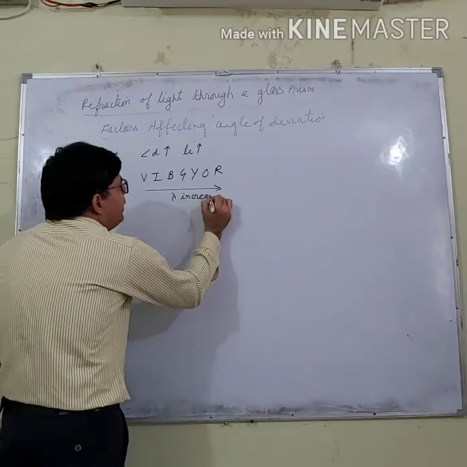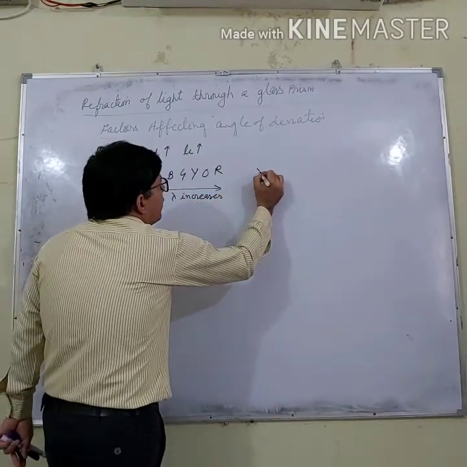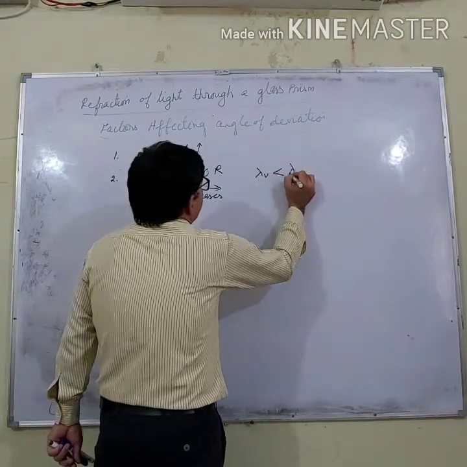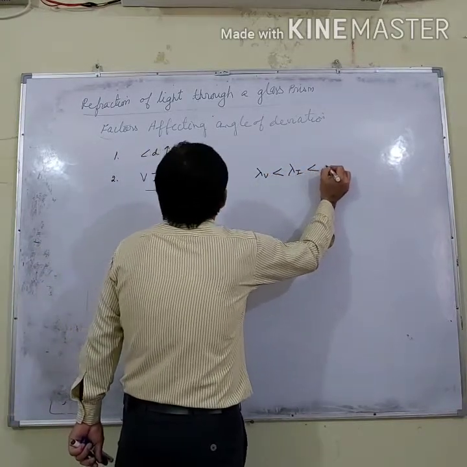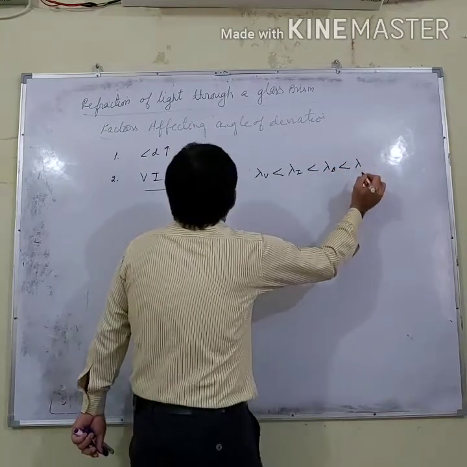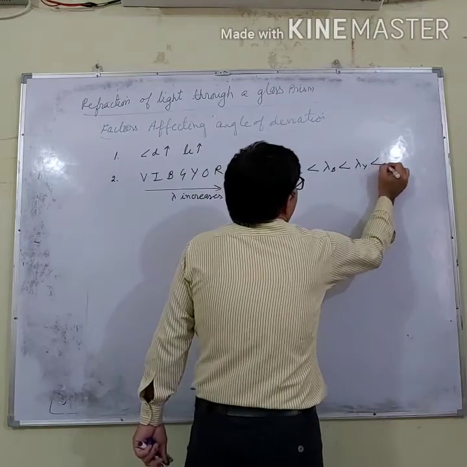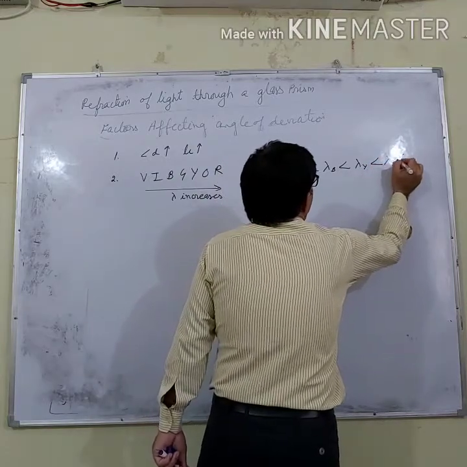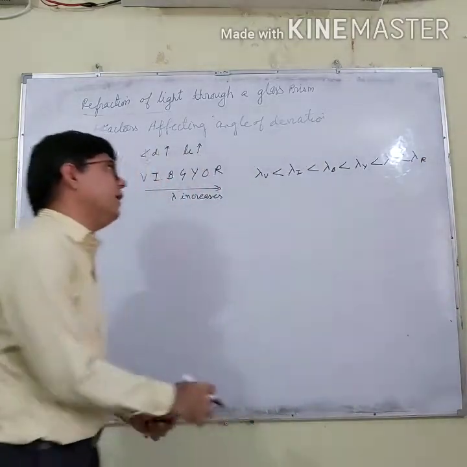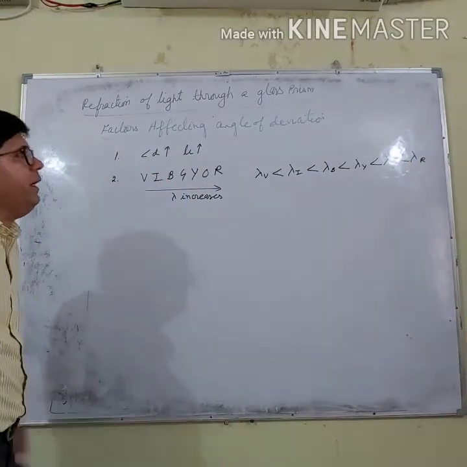So what does it mean? It means that the wavelength of violet is less than the wavelength of indigo, which is less than the wavelength of blue, which is less than the wavelength of yellow, which is less than the wavelength of orange, and it is less than the wavelength of the red color. Alright?